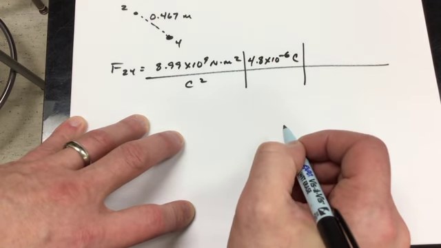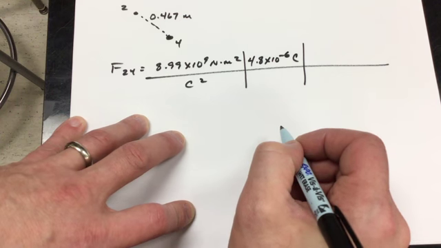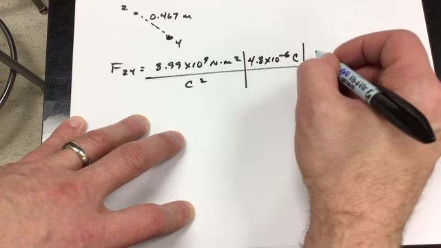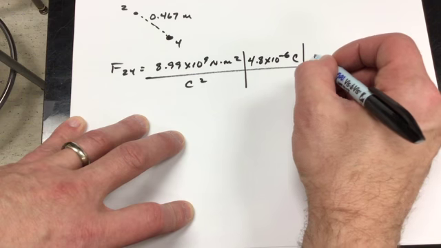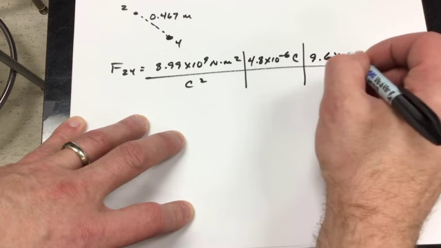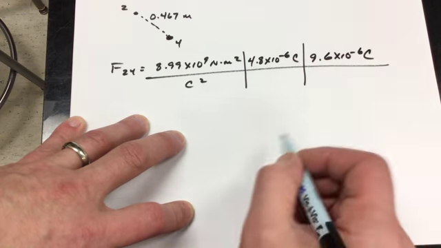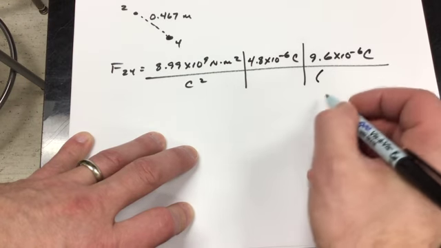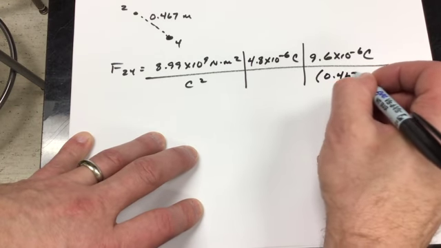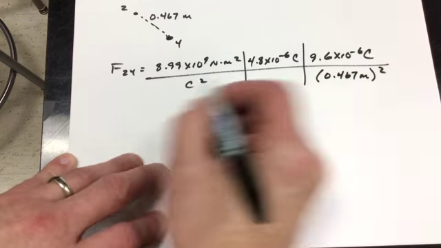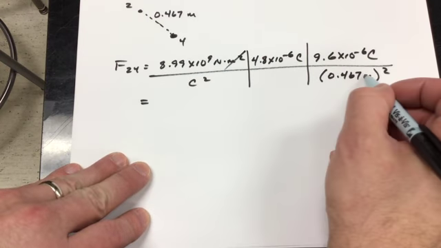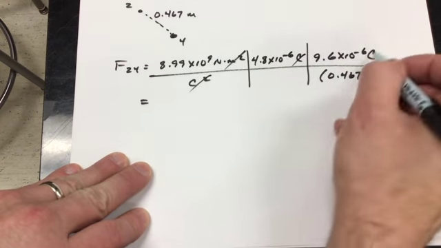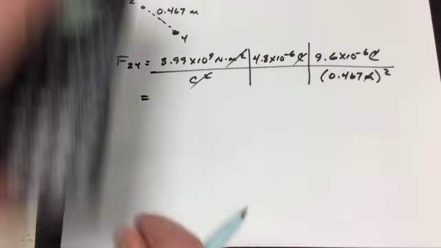Charge 4, Q4 is negative 4Q, so that's going to be 9.6 times 10 to the minus 6 Coulomb. I'm doing absolute value again, and this is going to be 0.467 meter, and we'll all square that. Unit conversion cancellations here, leaving us with newtons, so this is looking pretty good so far.